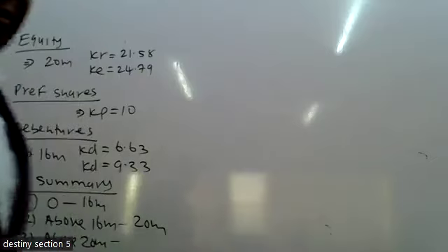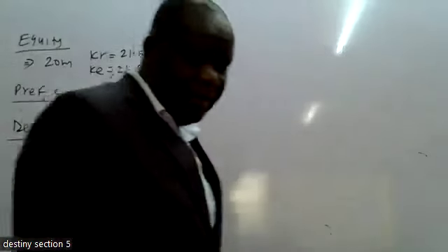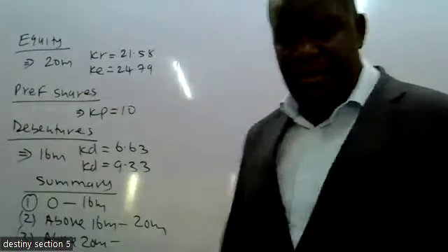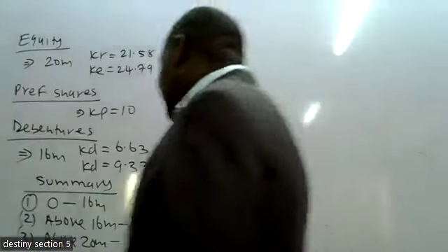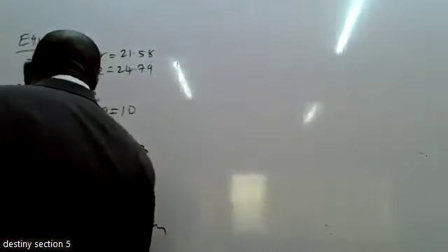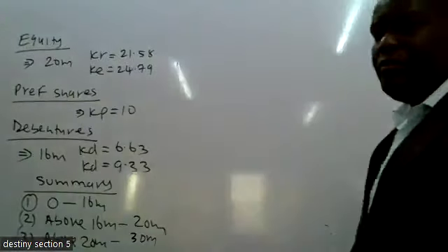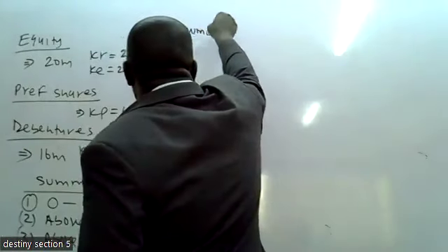Get the total of all the projects. There is project A, B, C, and D. If you add 8 million plus 7 million plus 9 million plus 6 million, it's coming to 30. So we want to calculate the WMCCs.